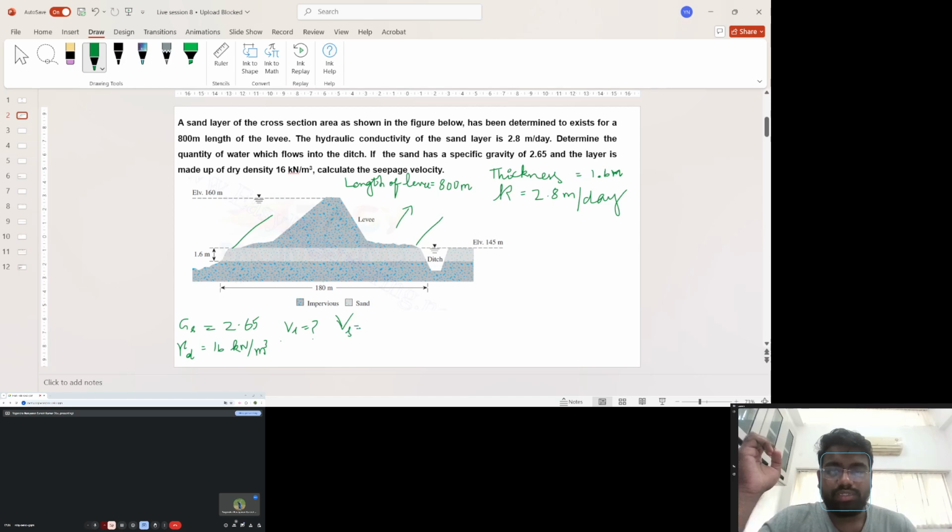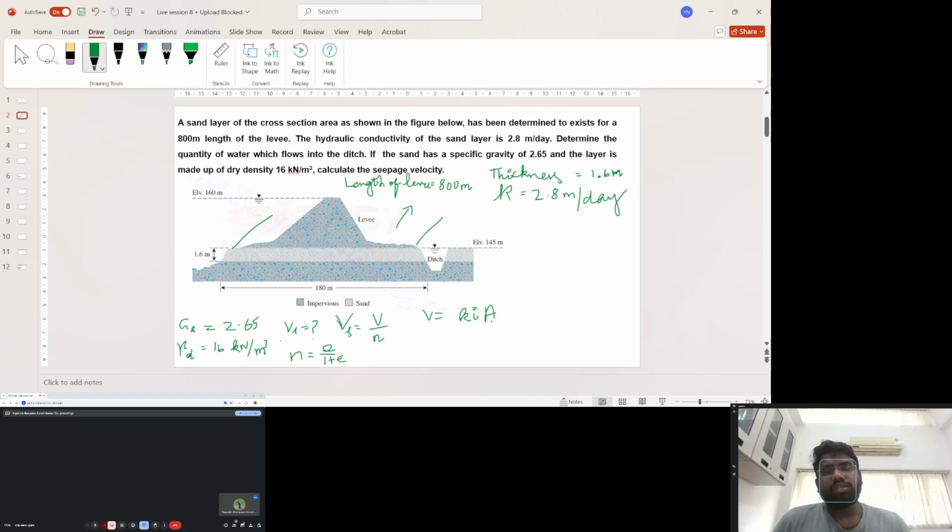Vs is defined as discharge velocity by porosity, right? So we need porosity. Porosity is defined as e by 1 plus e, and V is Ki. So we know the hydraulic conductivity, which is K.